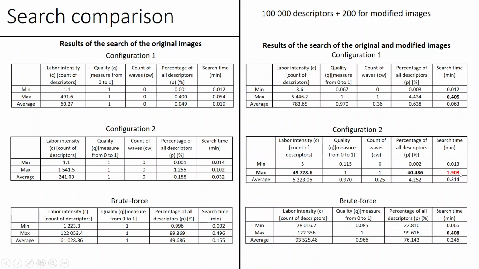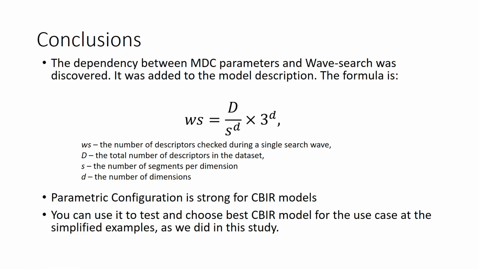And we did it, and we found a dependency between MDC parameters and the wave search that wasn't described in any documentation of this model. So it was added after this investigation by this formula. The number of descriptors checked during a single search wave was introduced by this parametric configuration and simple experiments.